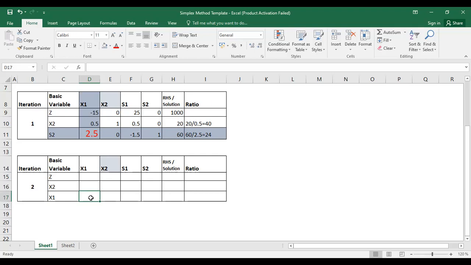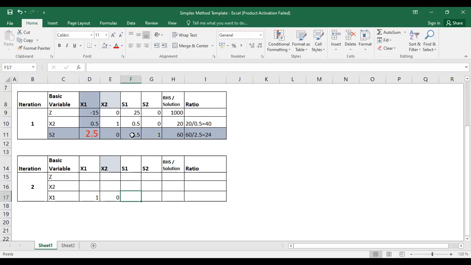So at this point, we're going to have 2.5 divided by 2.5, and that will be 1. We're going to have 0 divided by 2.5, and that will be 0. Please find negative 1.5 divided by 2.5 for me.